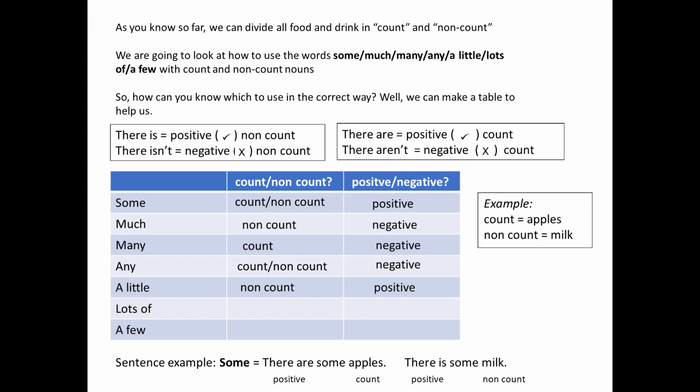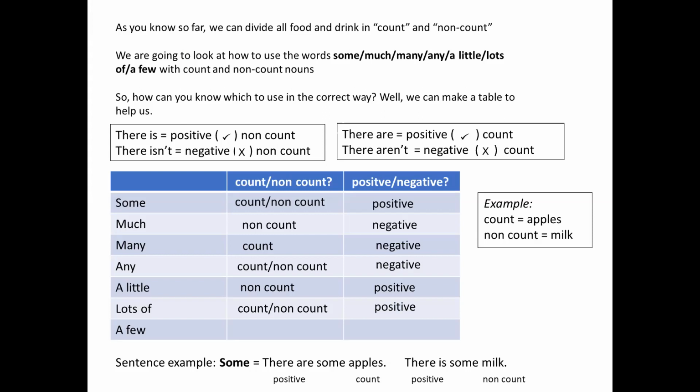Number 6, lots of apples. Yeah, sounds good, right? Lots of milk. Yep, both are okay to use with lots of. Now, could I say there isn't lots of and there aren't lots of? No, that doesn't sound right.